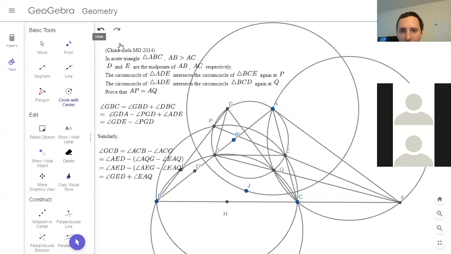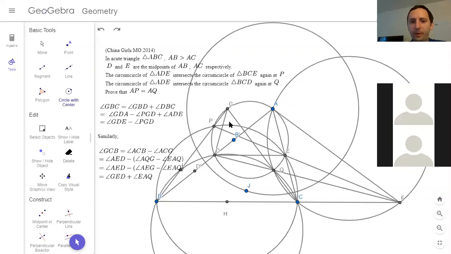So you're saying B goes to point E, and C goes to point D. Let's think about that. Because AE times AB is AD times AC, we can invert.